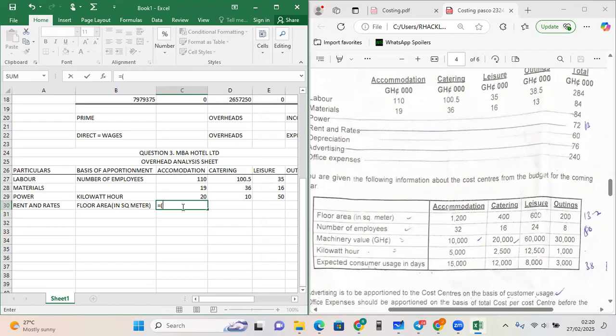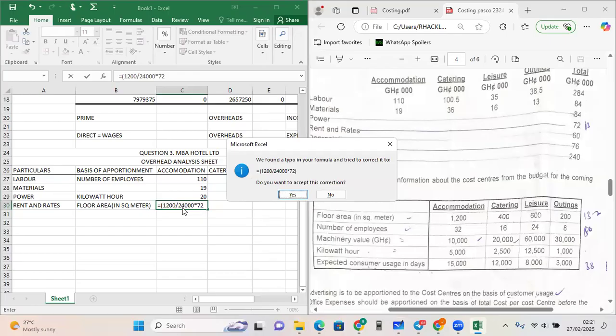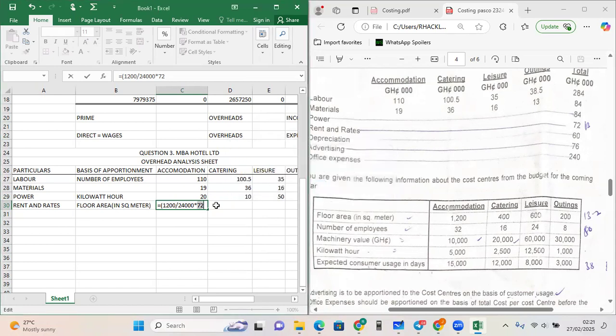Bracket open, 0 divided by 0.00 times 70 total. Okay? 0.6.